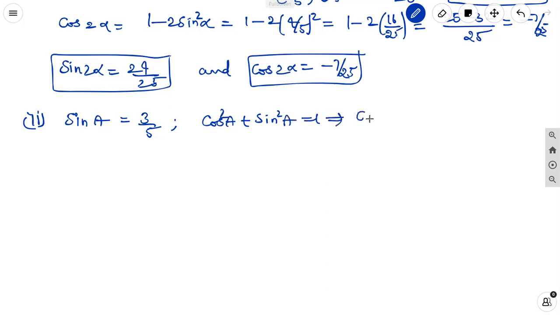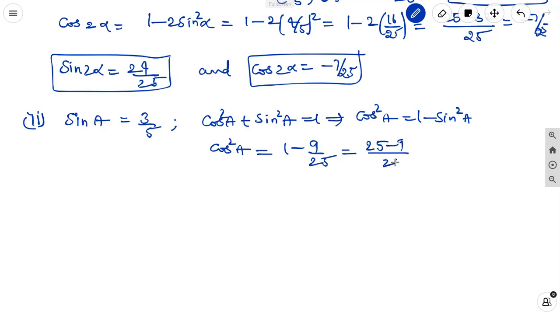From this, cos square A equal to 1 minus sin square A. Then cos square A equal to 1 minus 3 3s are 9, 5 5s are 25. 25 minus 9 by 25 equal to 16 by 25. From this, cos A is equal to 4 by 5.